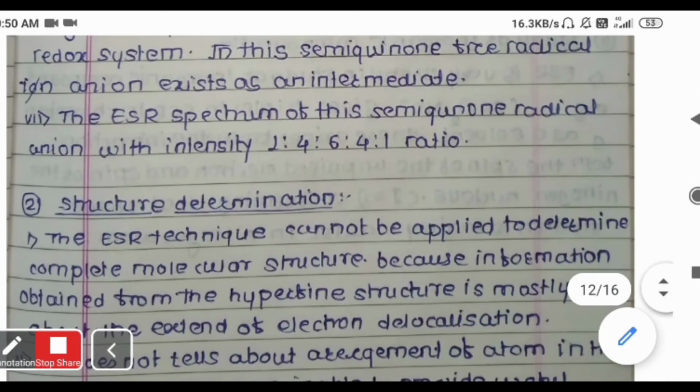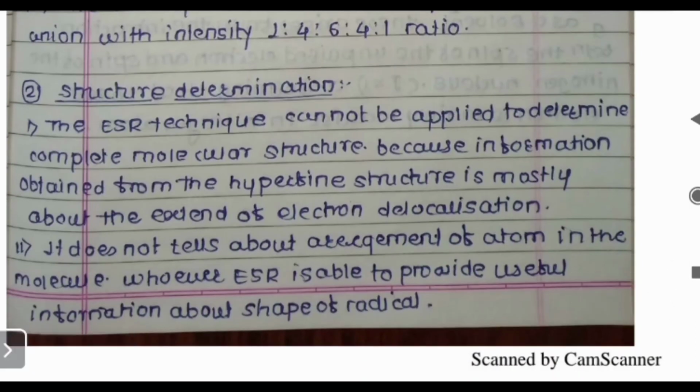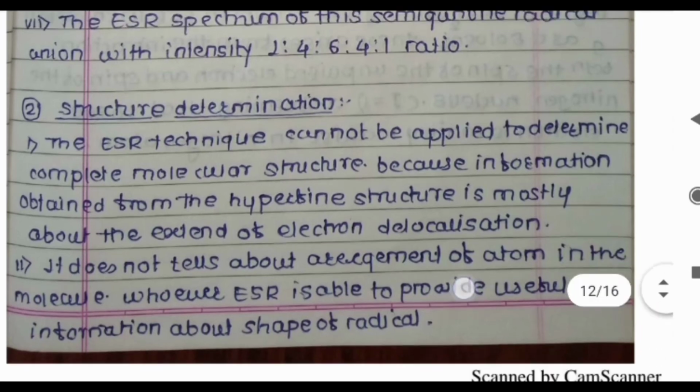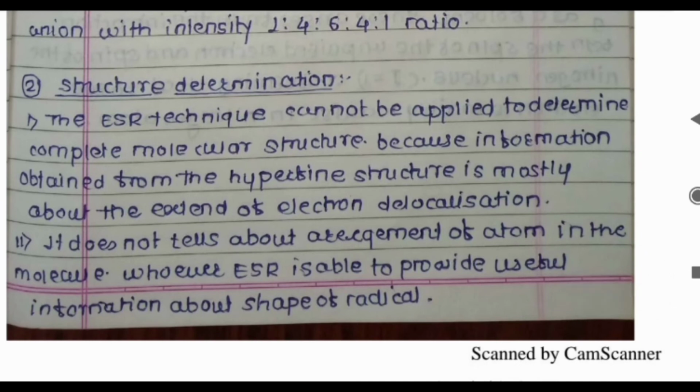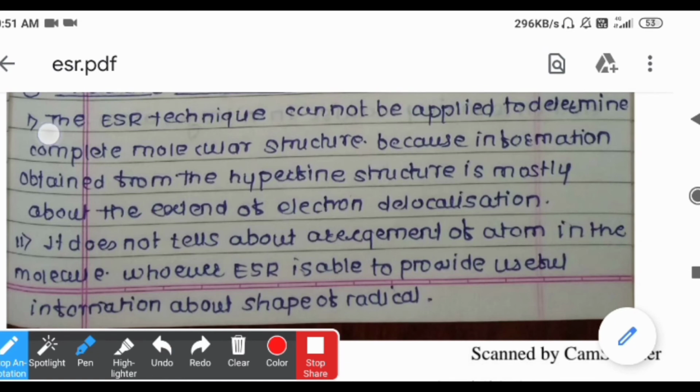Now the next application is structure determination. The ESR technique generally cannot be used to determine the complete molecular structure, because the information obtained from the hyperfine structure is mostly about the extent of electron delocalization. So ESR spectroscopy alone cannot give you the exact structure of your compound.